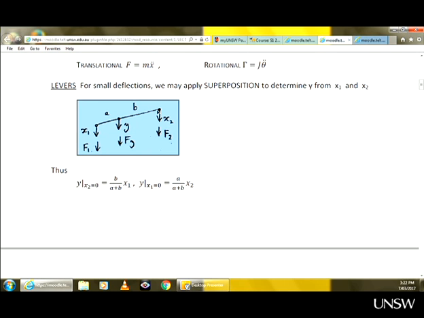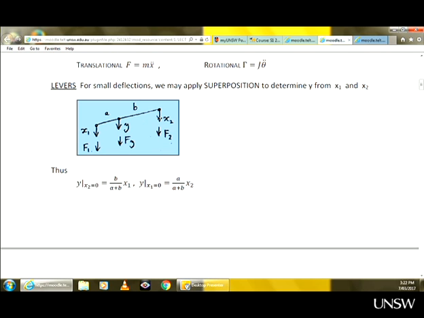Then you can write a geometry equation that links the three displacements, or you can write a force equation that links the three forces. In both cases, we use the superposition rule. How do we write a geometry equation that links x1, y, and x2 into a single expression?